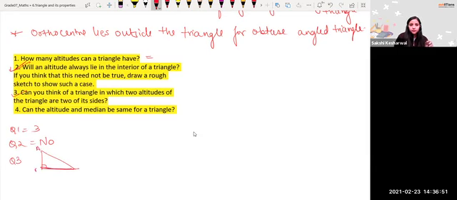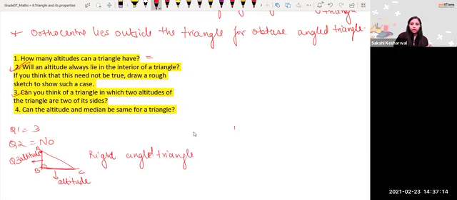If you draw this A, B, C, from vertex C, BC is the altitude. From vertex A, AB is an altitude, right? So this is an altitude, and this is again an altitude. So we can say this is for a right angled triangle.